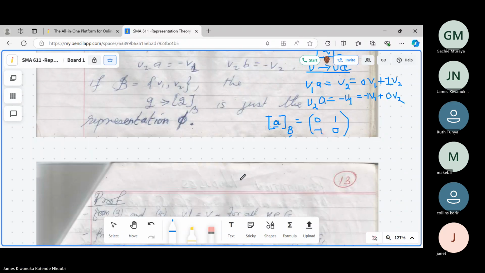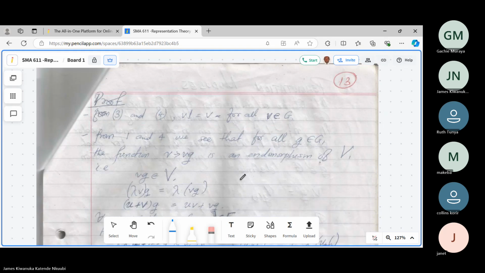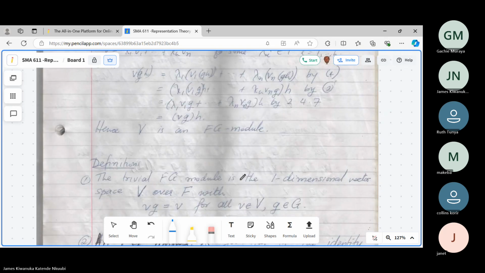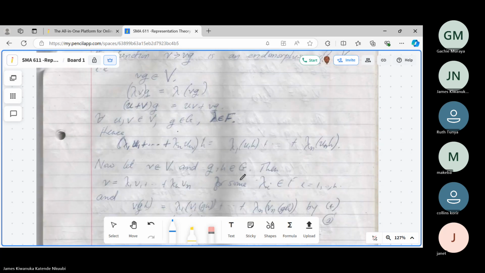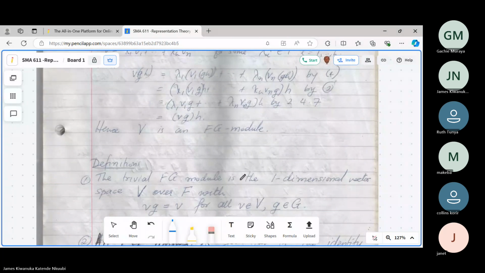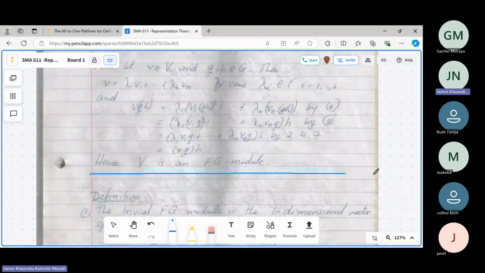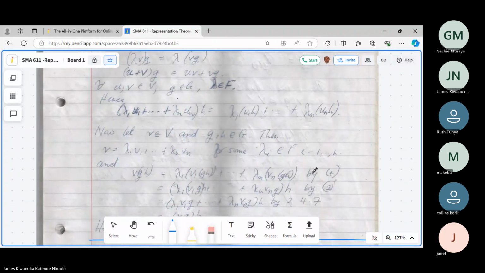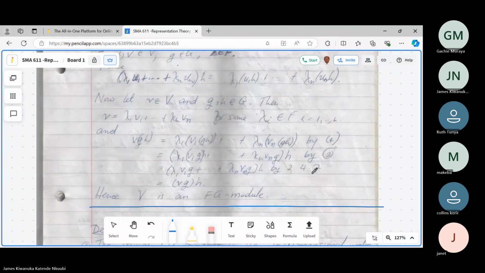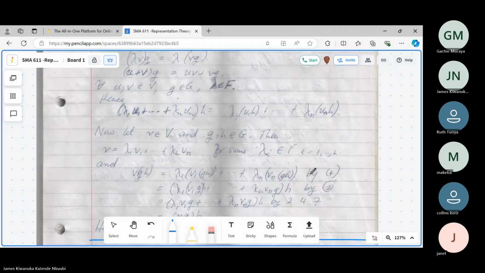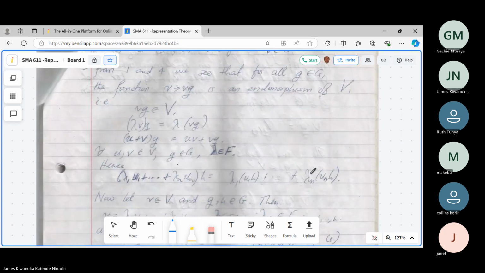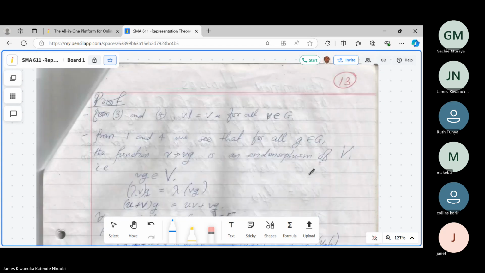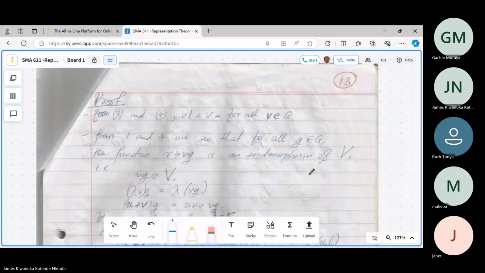I think there's a page missing. This one doesn't seem to be related to anything. Page 13.